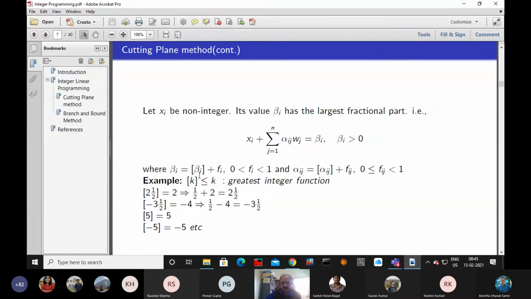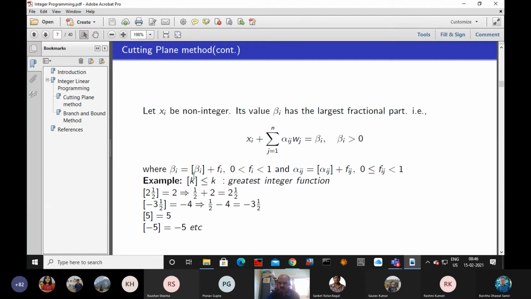Similarly, aij is now becoming alpha ij. So alpha ij you can write as the integral part of alpha ij plus fij. The integral part of alpha ij can be negative, 0, or positive, but the integral part of beta i is always positive or 0. Since beta i has a fractional part, fi is less than 1 and greater than 0.